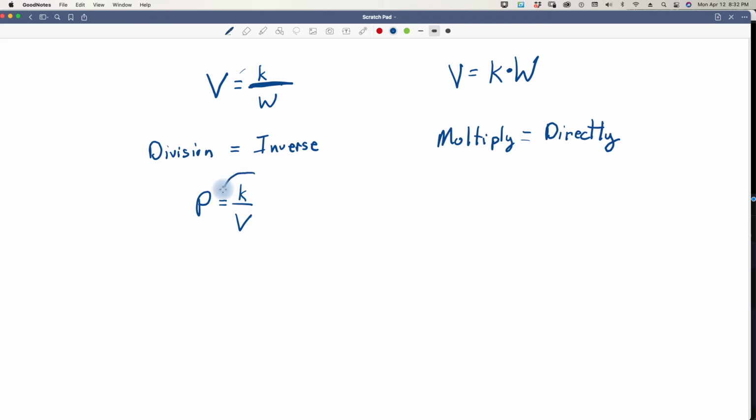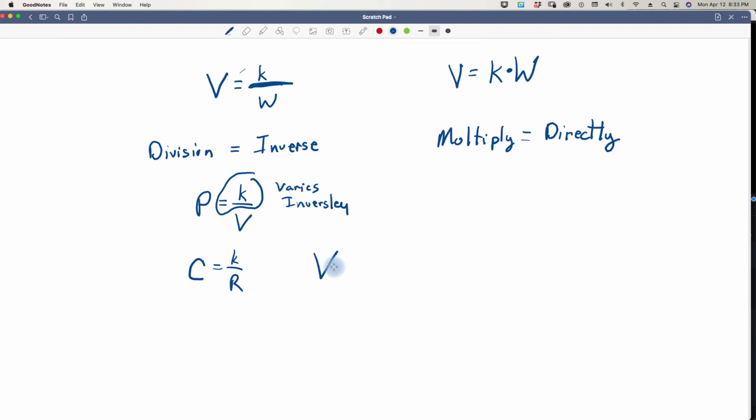When you hear varies inversely, you're going to write equals K over something. All right, here's another one. The current varies inversely as the resistance. Right? Okay, varies inversely.